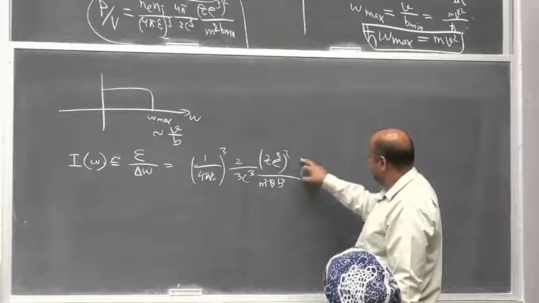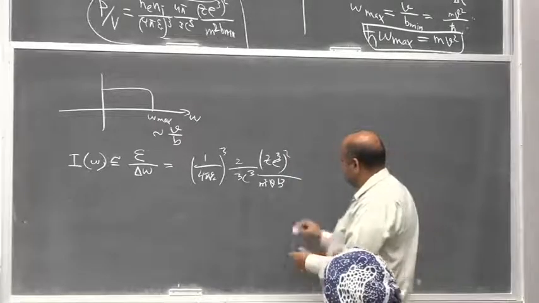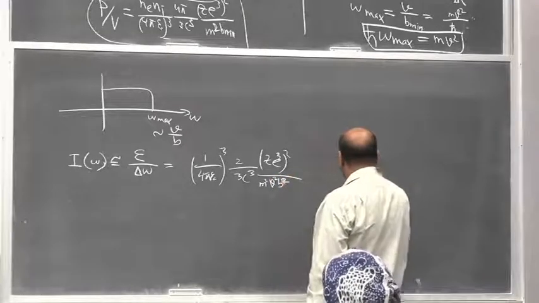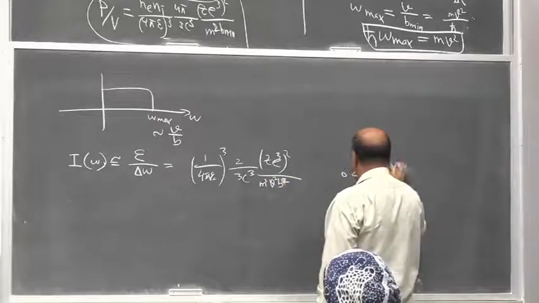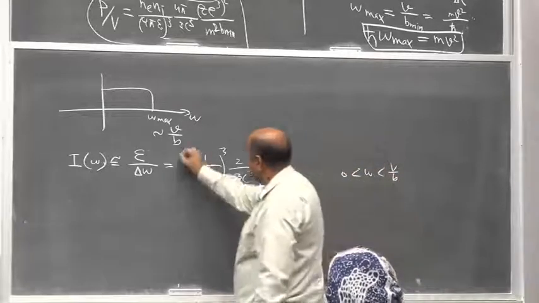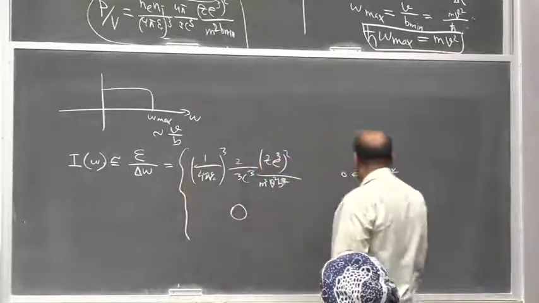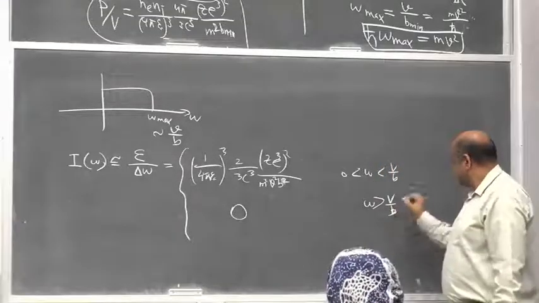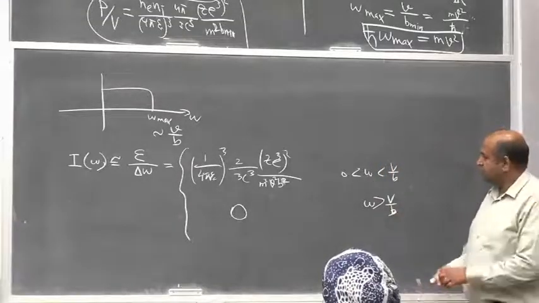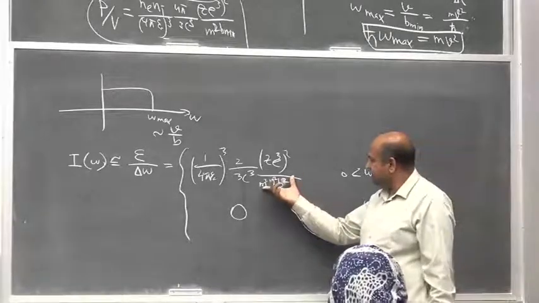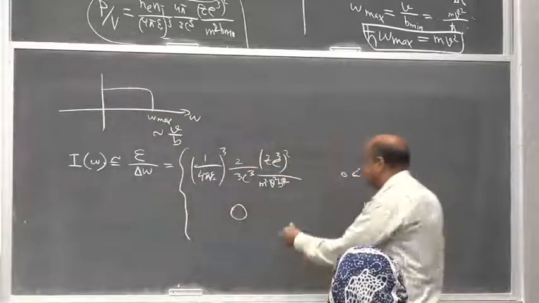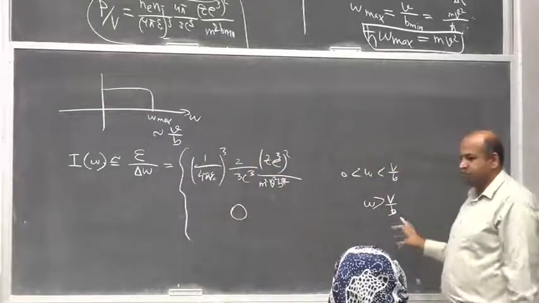यहाँ पे v और v हो गया, so v square और b square हो गया. When omega is between 0 and v over b, and this is roughly 0, and omega is greater than. So the frequency spectrum is almost flat in most of the spectrum, and it is 0 beyond a cutoff frequency.